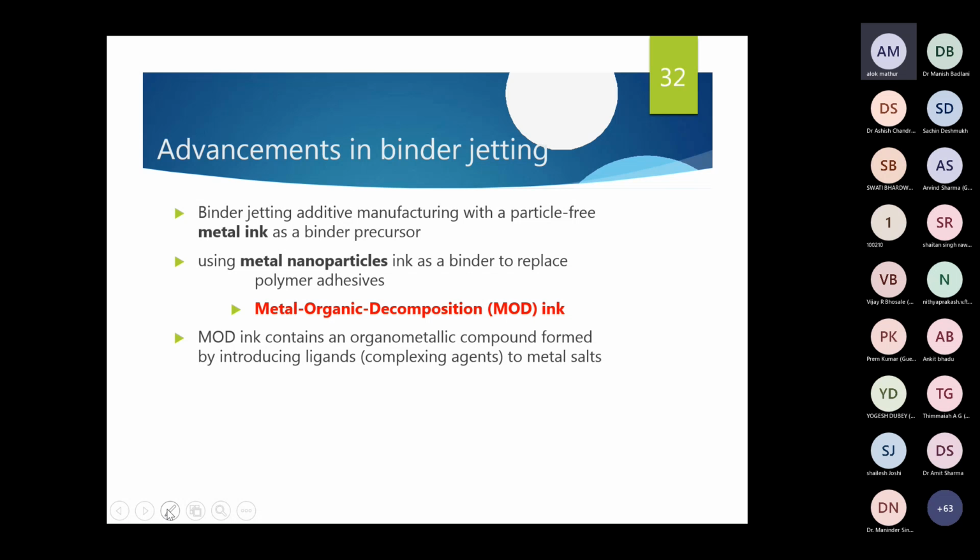Now, advancements in binder jetting. Further research is going on. People are doing research on these methods, which are already advanced, but some developments are there. Binder jetting additive manufacturing with a particle-free metal ink as a binder precursor, using metal nanoparticle ink as a binder to replace polymer adhesives.